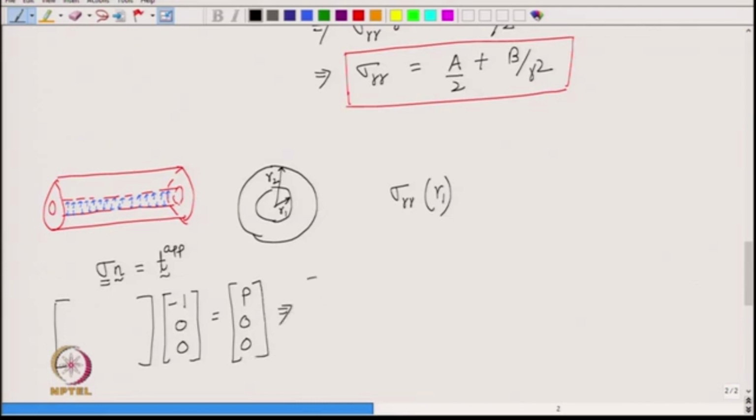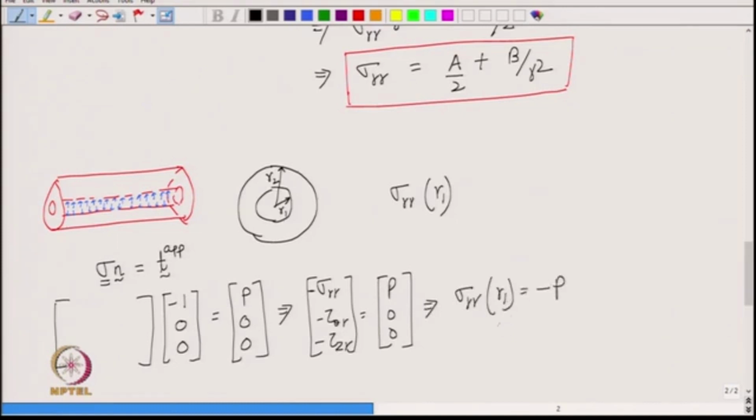From here you get sigma r r with a minus sign, minus tau theta r and minus tau z r, the first column of the stress matrix with a minus sign, equal to P 0 0. Which then means that sigma r r at r 1 is equal to minus P, tau theta r at r 1 is equal to tau z r at r 1, and that is equal to 0.